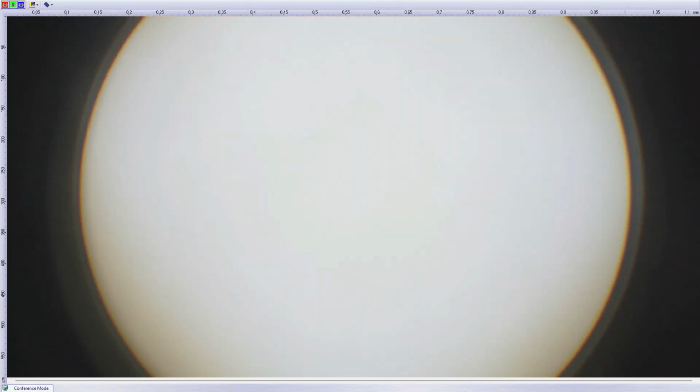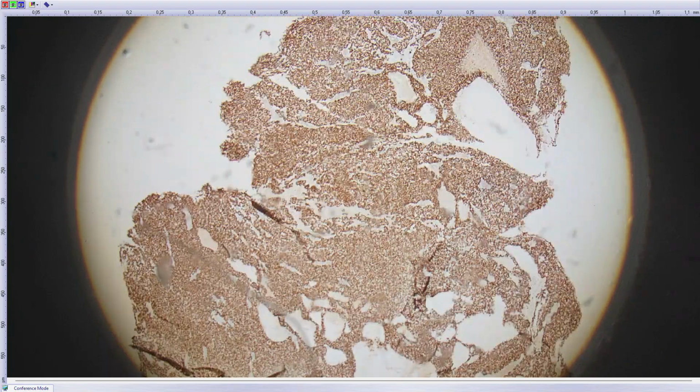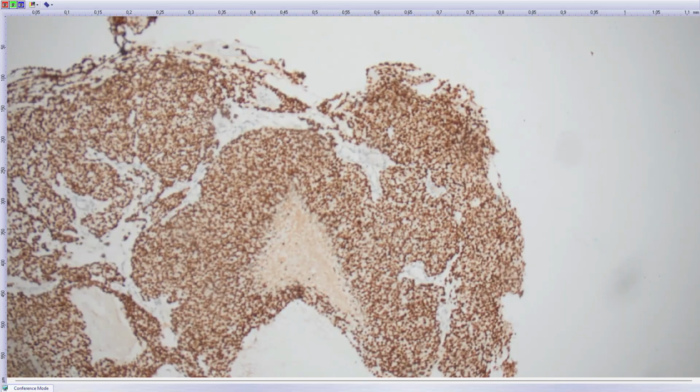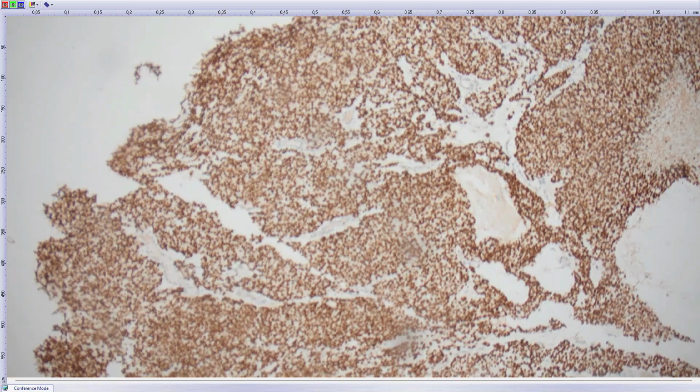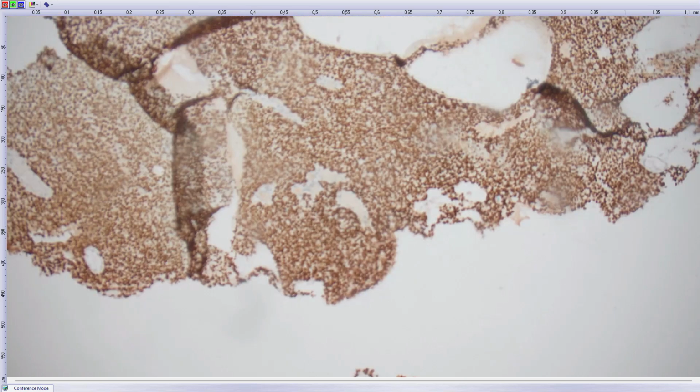Then, since we are in the GYN tract, you want to test whether this is coming from the GYN tract, so you can do PAX8, which is probably the most used marker of gynecological origin, but of course not completely specific for GYN. And we see strong diffuse nuclear expression in the tumor, so could this be from GYN? Definitely.